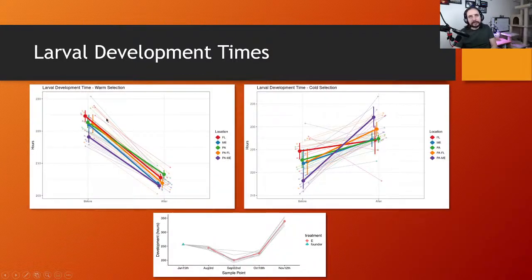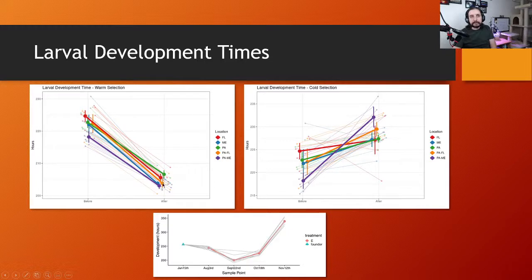So do we see that? If we look at the warm selection, the summer selection, we see all of them decrease, and if you look at the cold selection, we see all of them increase. Yes, they show similar patterns to what we see in other experiments. But what's more important here is PA Florida.